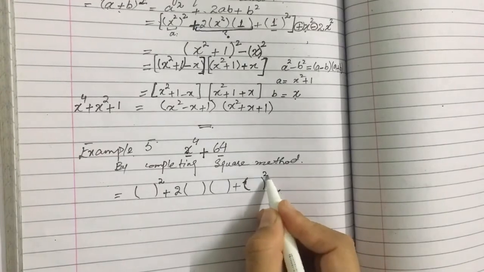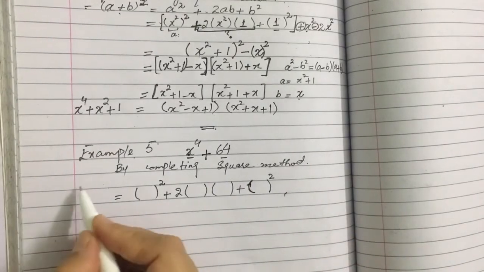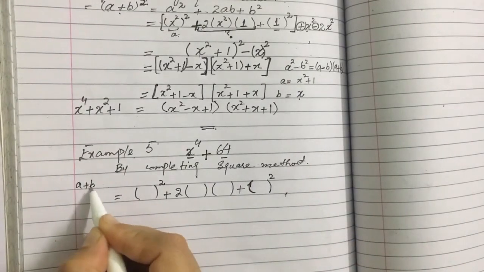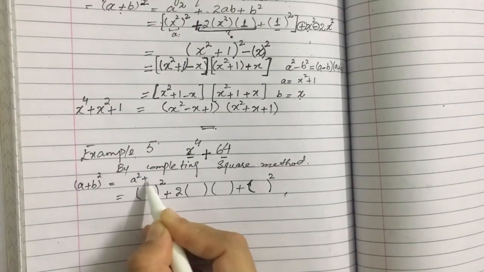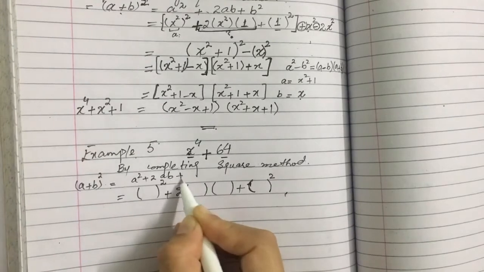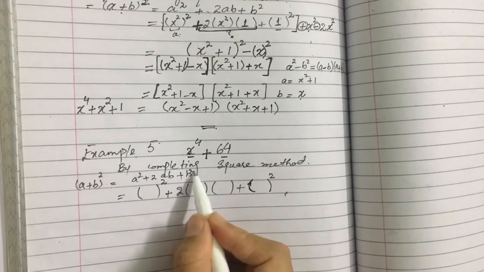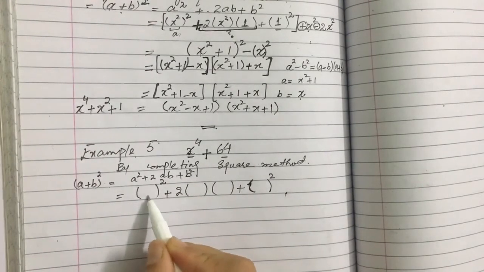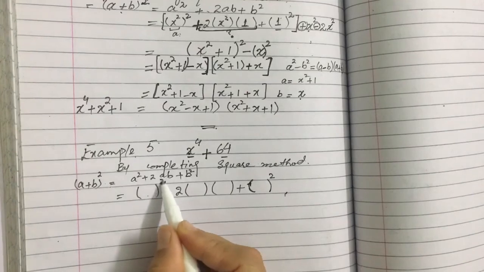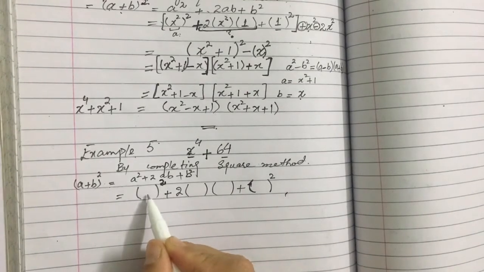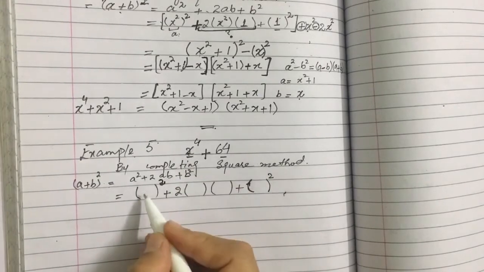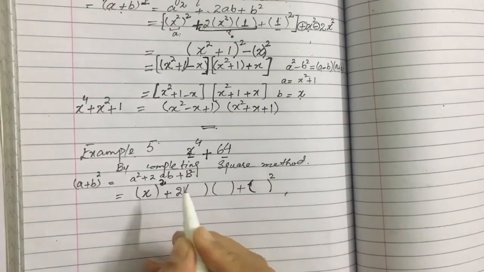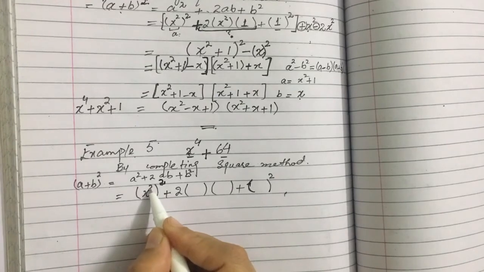I'm only writing brackets and the formula which I am going to use, a plus b whole square equals a square plus 2ab plus b square. A square, I have already put the square here, I just have to put the value of a. So from x raised to power 4, this square is already written, so I have to put x square here to make it 4.